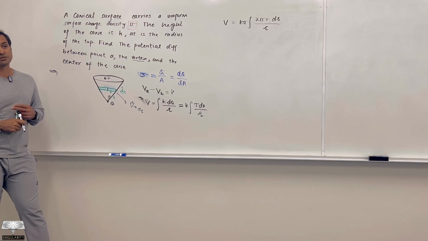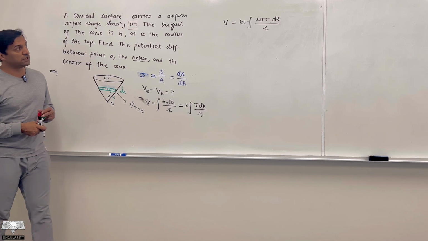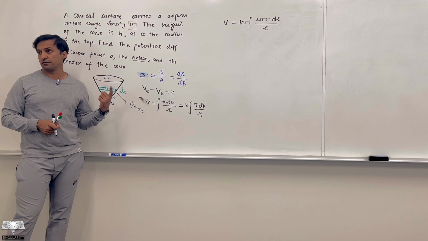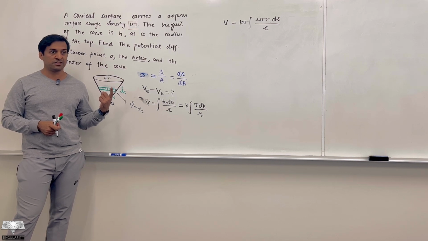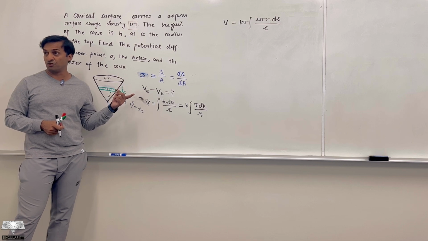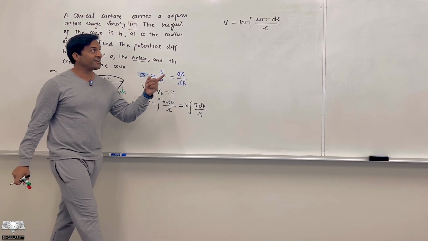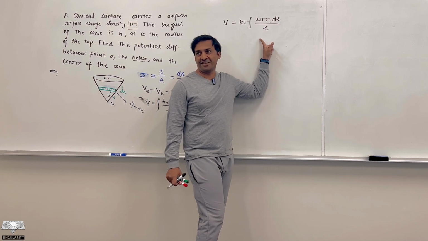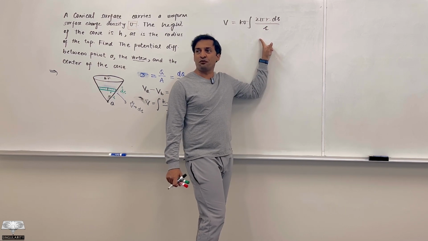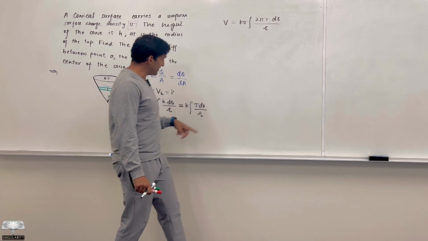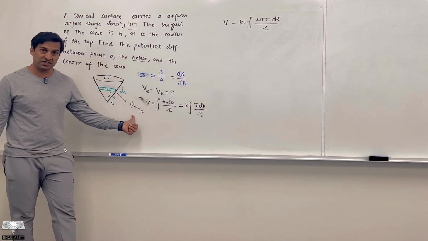But in order to compute this integral, we need one variable to evaluate it on, and inside the integral we have two variables: this r, the regular r, and this curly r. So you need to find a relation between these two r's, and this is precisely what I was doing here.